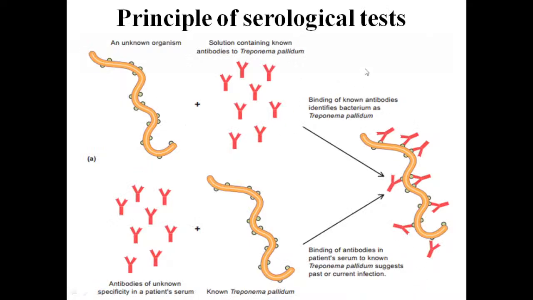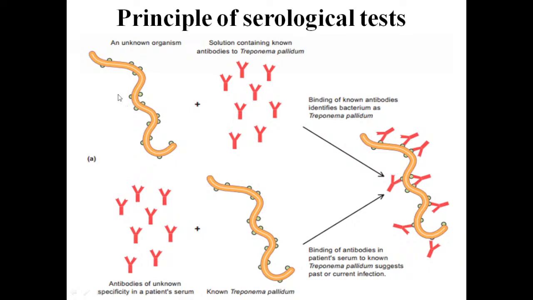In this diagram you can see the main principle of serological tests. It is unknown microorganism, pure culture of microorganism. This is serum containing known antibodies against Treponema pallidum. You know, Treponema pallidum causes the disease syphilis.